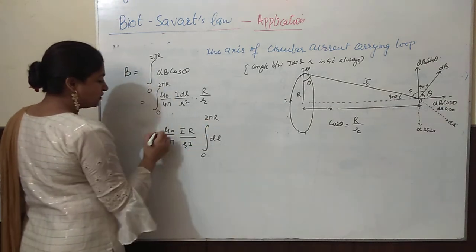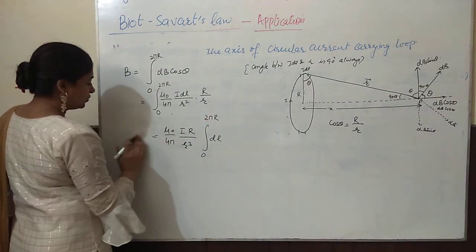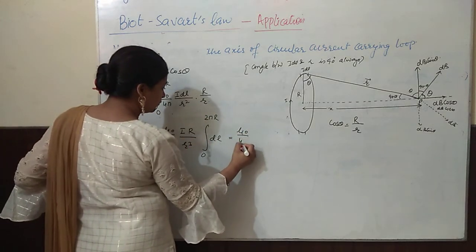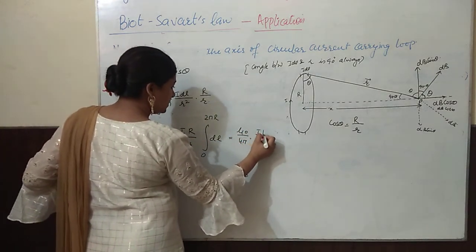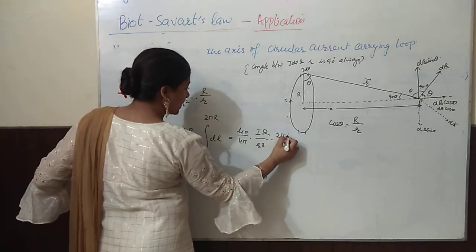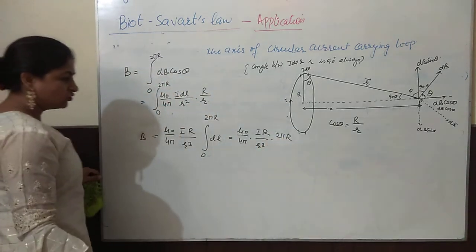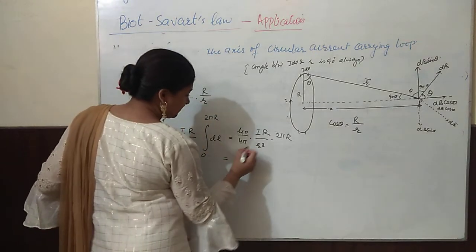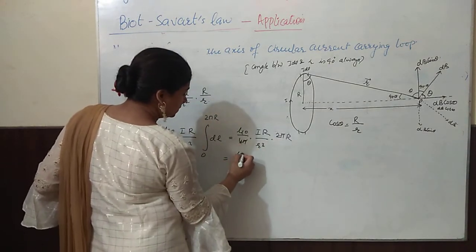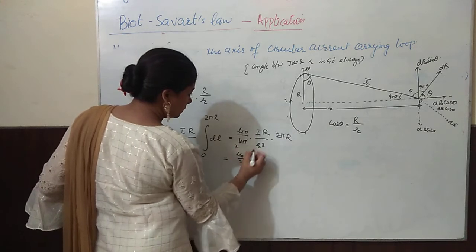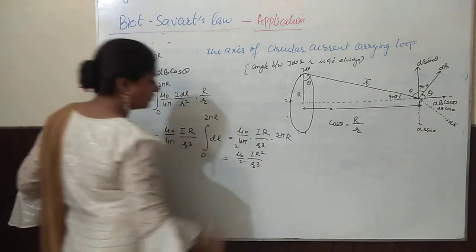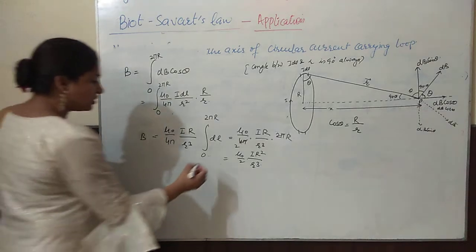So what is the integration of this? Total integration would be 2 pi r. So we can write it as mu naught over 4 pi, I into r over r cube into 2 pi r. That is the total length of the loop. So this can be written as mu naught over 2, I r square over r cube. So this is the expression of the total magnetic field.